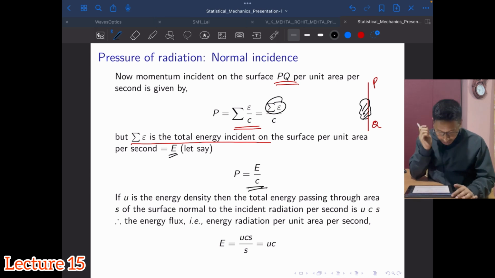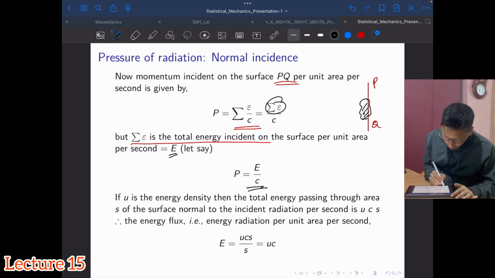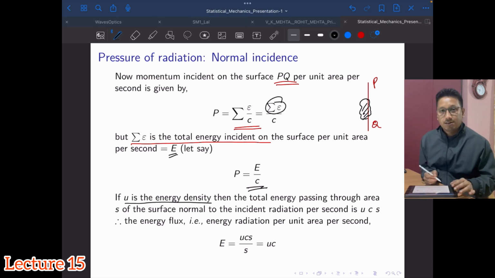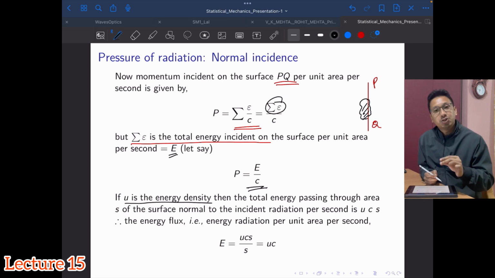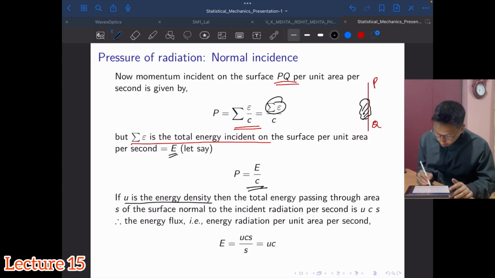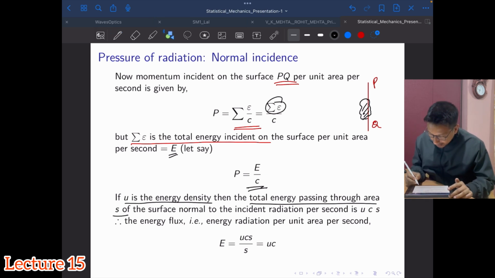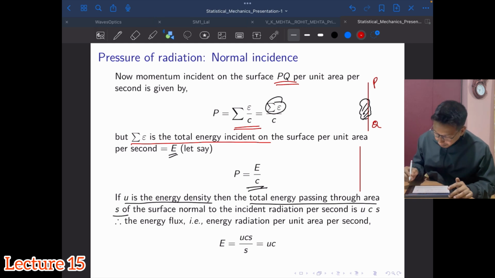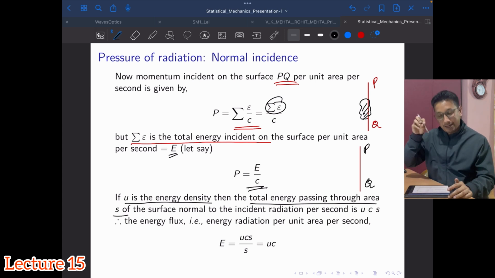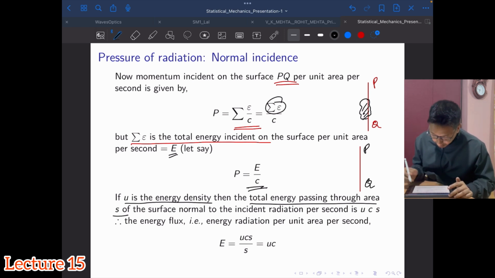Now if small u is the energy density, which we discussed in our previous video, meaning energy per unit volume, then consider the total energy passing through the area S. Again I go back to the PQ surface where this light is incident, or falling.